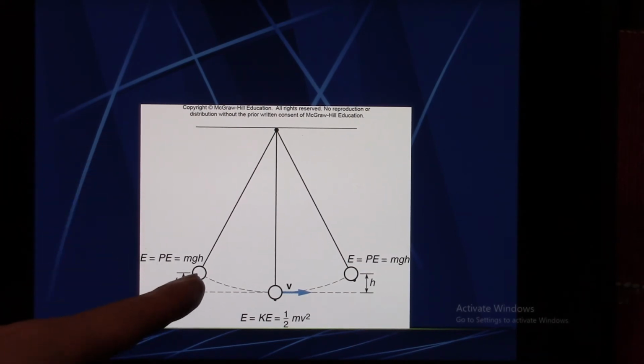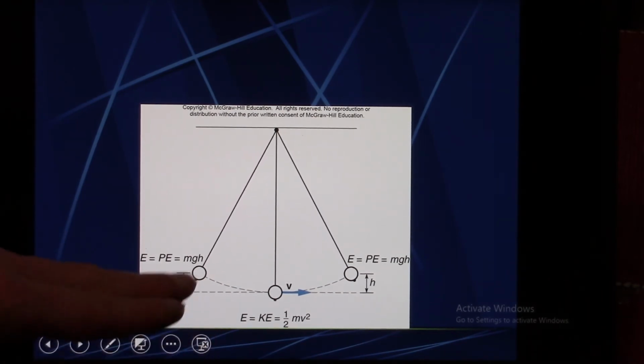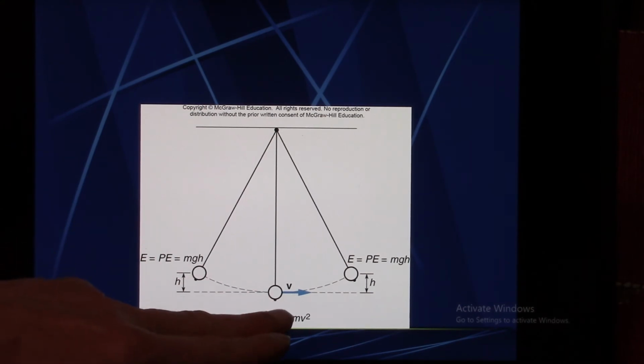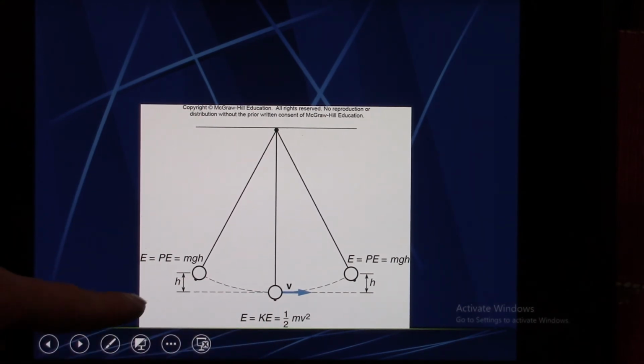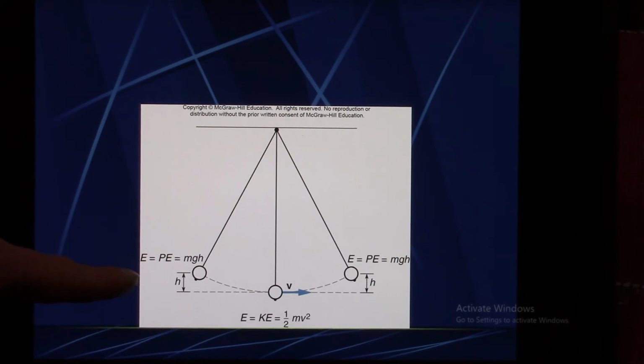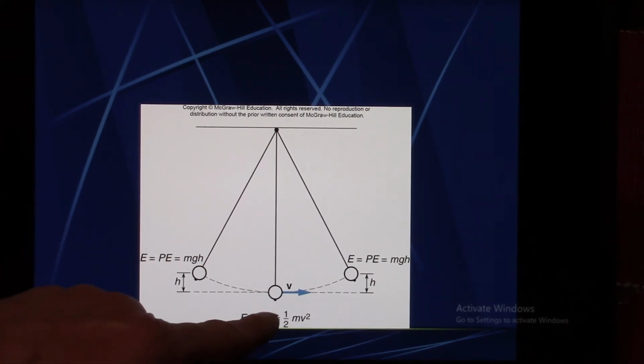Now you let it go, and then when it gets a little bit lower, the potential energy has decreased, but the kinetic energy is increasing because it's going faster and faster. When it gets right to the bottom, it doesn't have any more potential energy from mgh, but it has all kinds of kinetic energy from 1/2 mv squared.